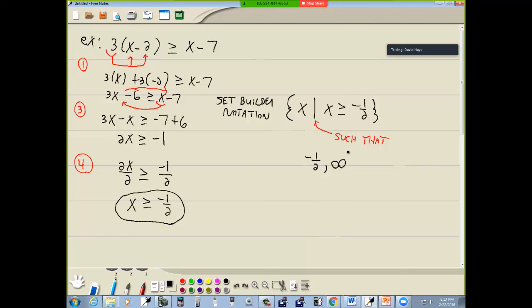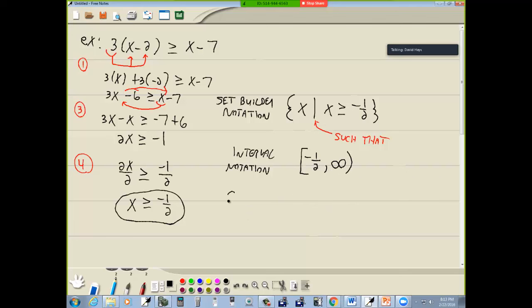To indicate that you can never reach it, we put a parenthesis on there, which means it does not include that value. Now this is specifically an x is greater than or equal to. Notice the line underneath. Whenever you have the line underneath, that always means you put a bracket. And this notation is called interval notation. So again, a line underneath your inequality symbol means bracket.